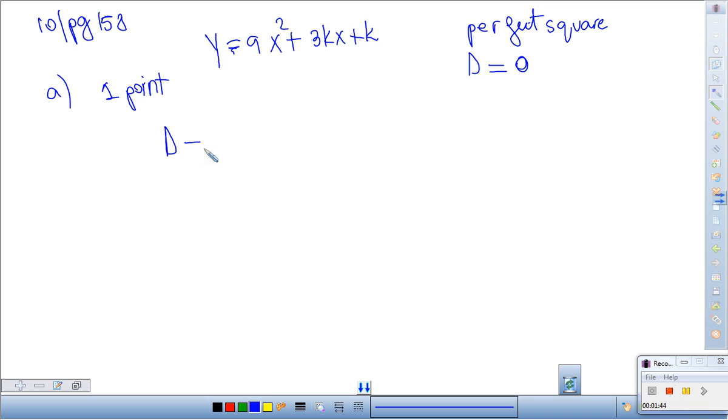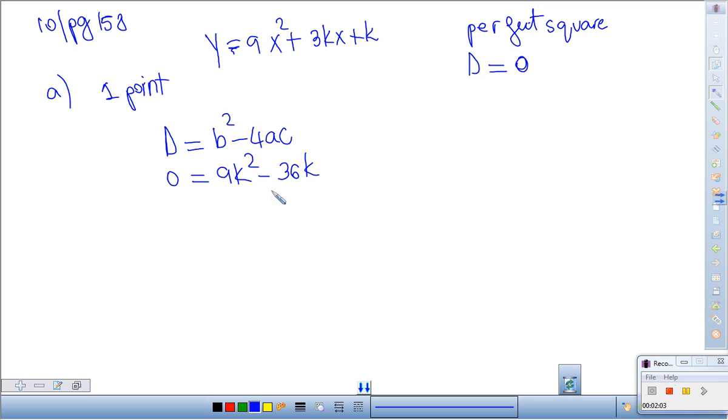The discriminant in this case is b squared minus 4ac. Well, b squared means 9k squared minus 4 times a, which is 9, times k is 36k. And we need this discriminant to be 0.